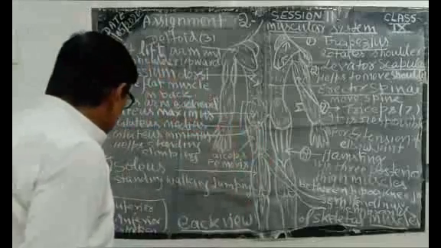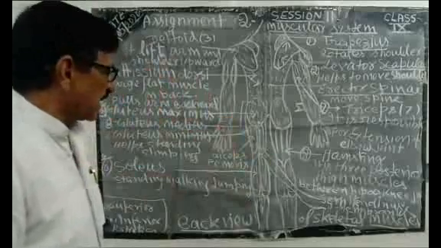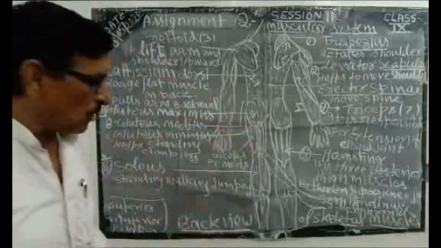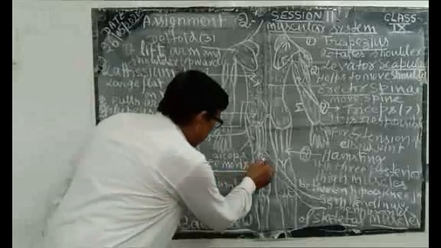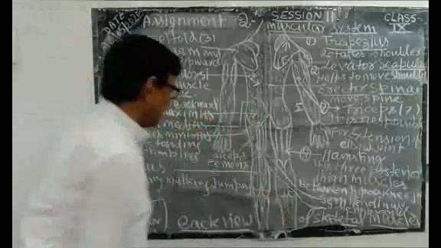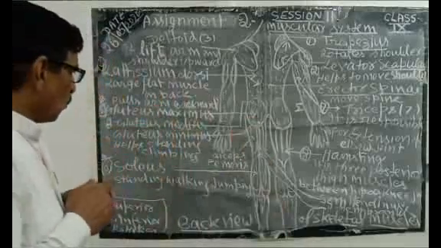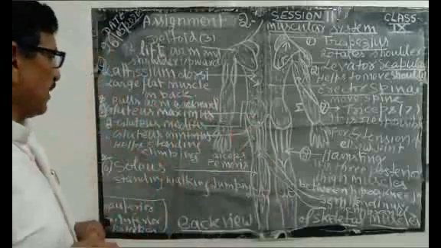We can say about the soleus muscle, it is situated on the back of the leg near the knee joint. It helps in standing, walking, and jumping.